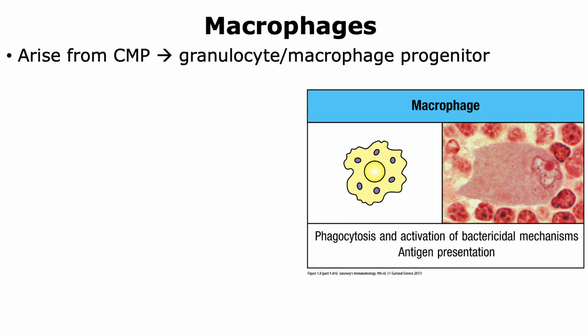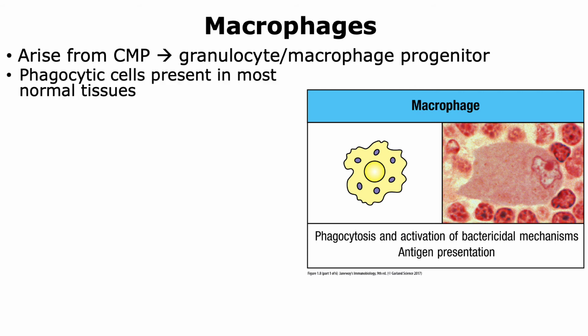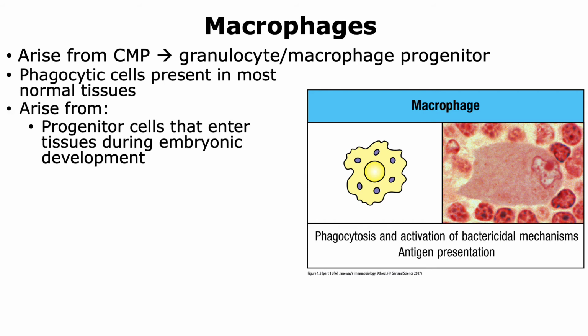Macrophages are another type of myeloid cell that arise from the granulocyte macrophage progenitor cell. Macrophages are phagocytic cells that are usually present in tissues, so we don't find macrophages in blood. Macrophages can arise in two ways. The first way is when progenitor cells enter tissues during embryonic development.